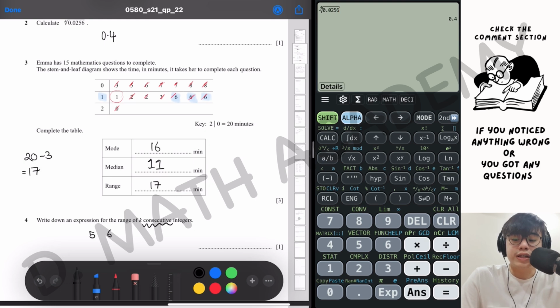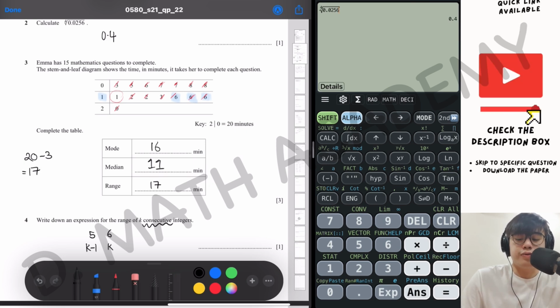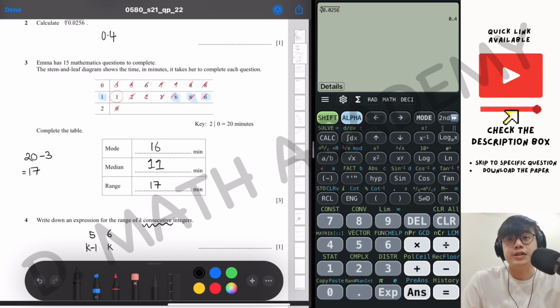So if let's say 6 is our k, then the previous number would actually be k minus 1. So the range of this will automatically be the largest one minus the smallest one, which is k minus 1.